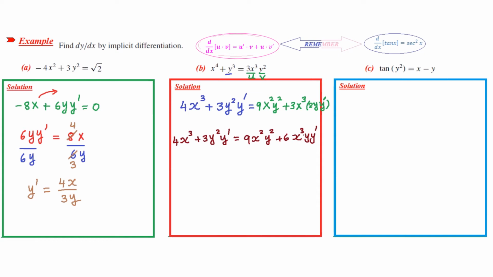Now you have to group the terms that having y prime, and these terms are this one and this one, and every term have y prime. You have to move it to the left hand side, and the terms don't have a y prime, you have to move it to the right hand side.